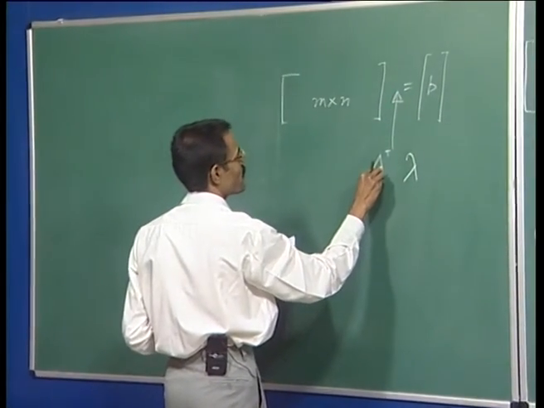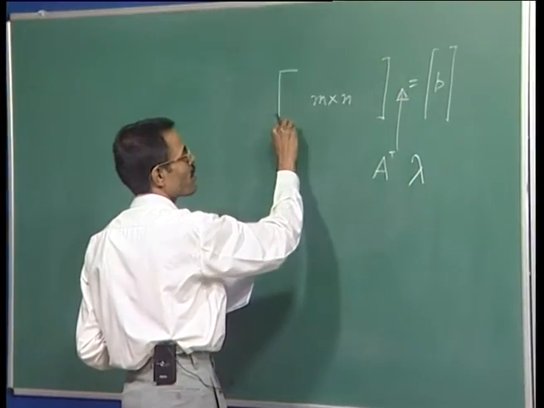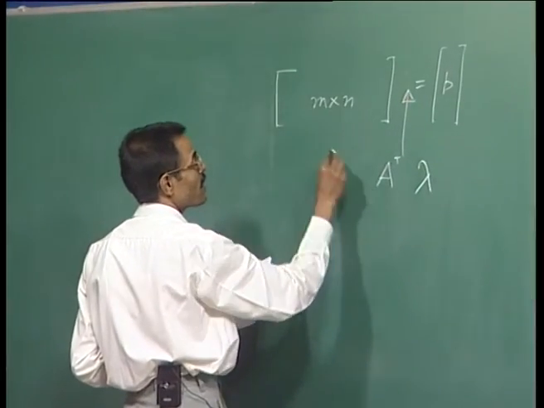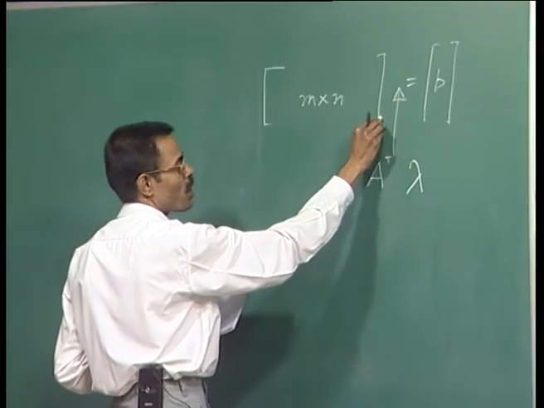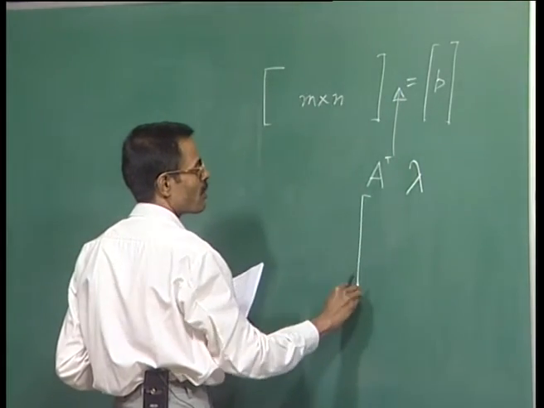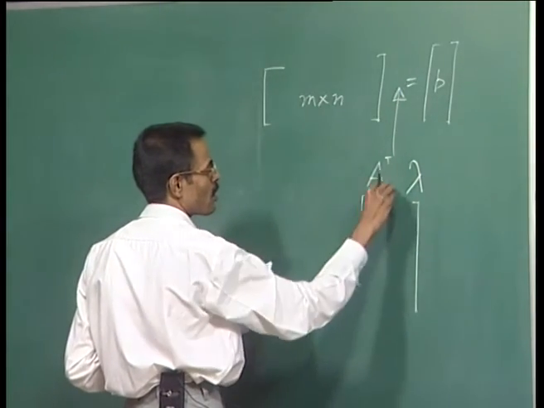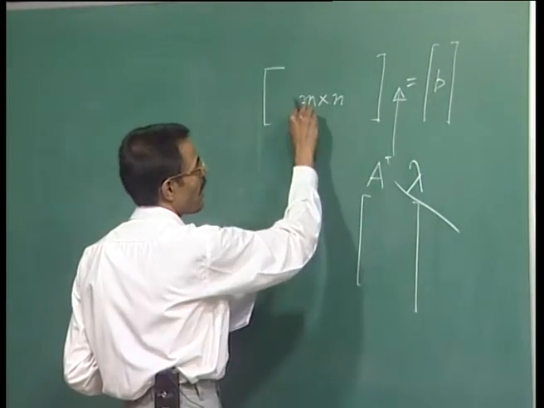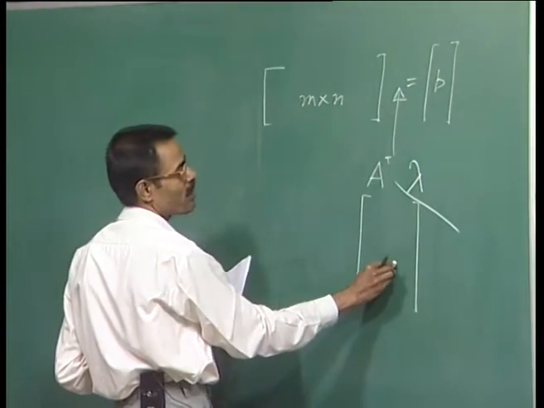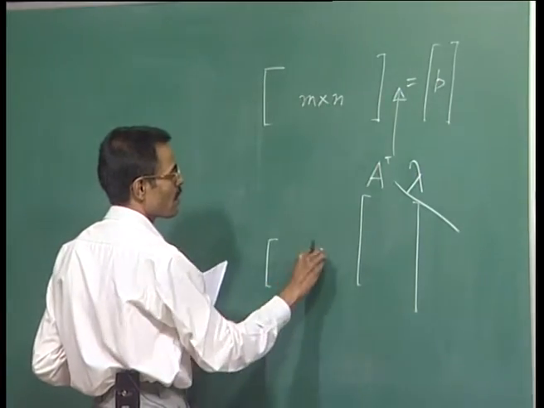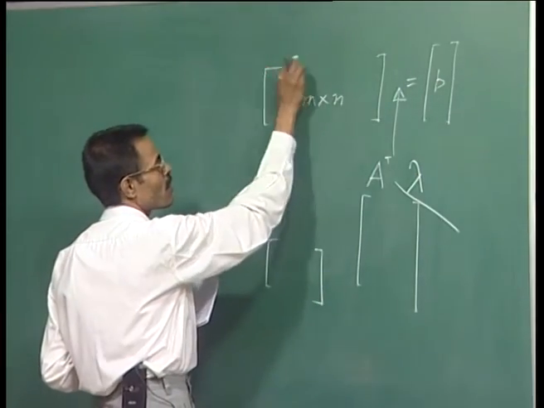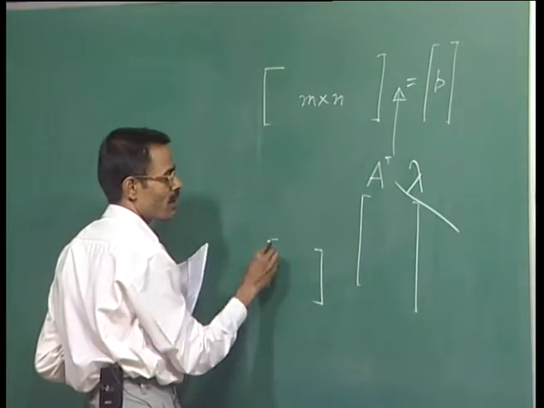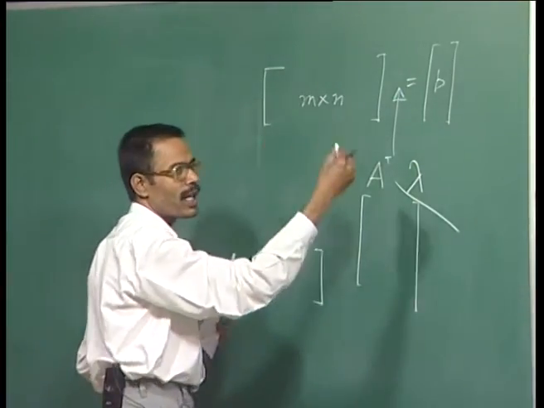And what is this A transpose? A transpose is the transpose of this matrix. That means, transpose of this short fat matrix will be a long, tall, thin matrix, and the product A A transpose will be again a small square matrix, which is m by m.